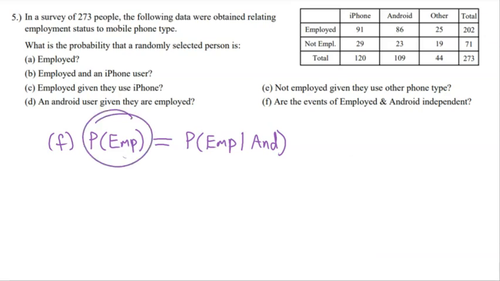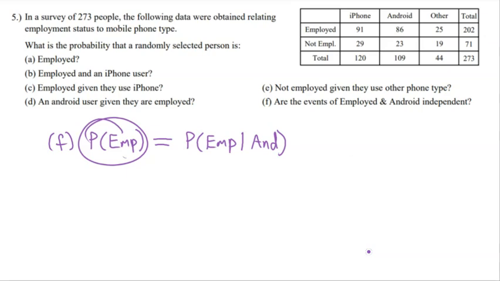If these two probabilities are equal, then these two things are independent. But if they are not equal, then they are dependent.